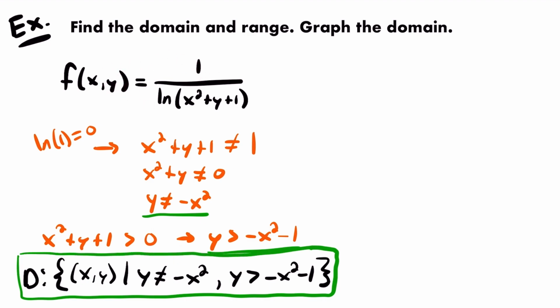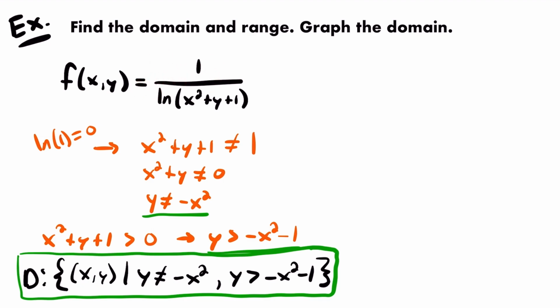Well, pretty much anything, right? Except for 0. The natural log function can output negative and positive values, so this expression could be positive or negative, so that would include the majority of the set of real numbers, but the only thing it can't be is 0, because the numerator is always 1, that's never changing, and 1 divided by anything will never be 0, because you can't divide by 0, that's not going to be equal to 0, and there's nothing else that could possibly happen to make this equal 0.